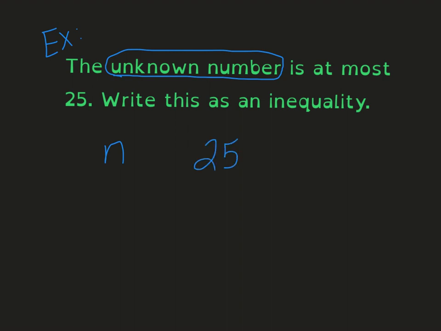Now, the clue here is at most 25. Okay, so think about what that means. The unknown number is at most 25. So could it be 26? No, if at most it's 25, then it can't be 26. So I'm looking at numbers that are less than 25, but you need to ask yourself, can it be 25?